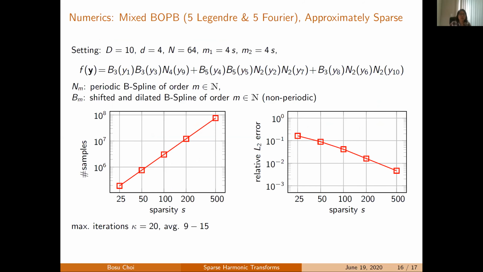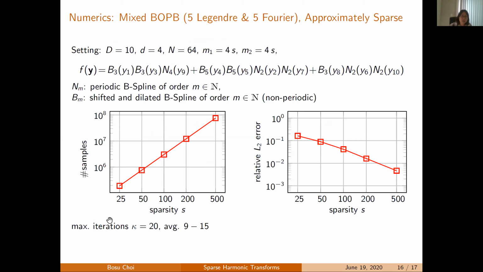And in the next example, we built this F, which is not exactly sparse in these mixed spaces, but consists of periodic B-splines and shifted and dilated B-splines. Here capital D is chosen to be 10, small d is 4, n is 64, M1 is 4s, M2 is 4s.